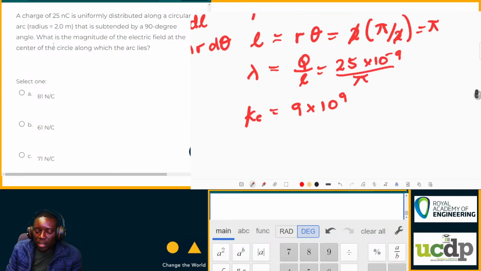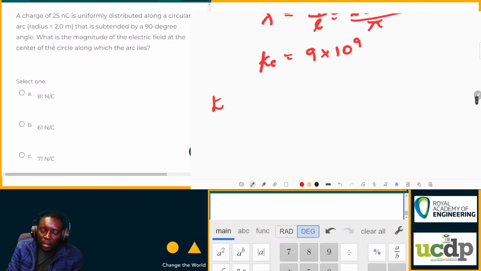I think I'll end there. The formula for the electric field at a point at the center, which we have said in this case can be along the x, depending on the orientation, is equal to Ke lambda over r.